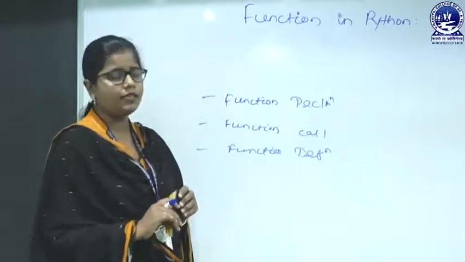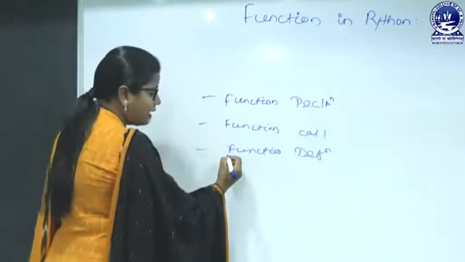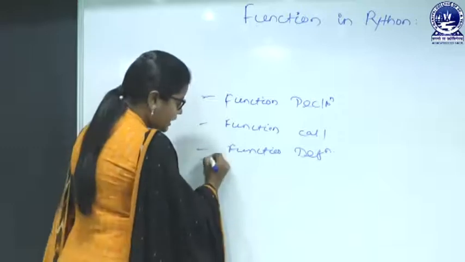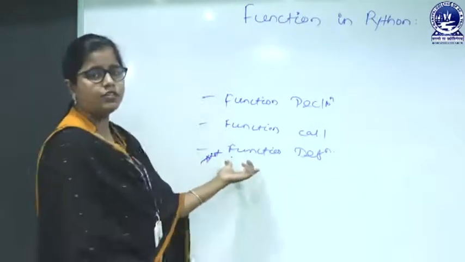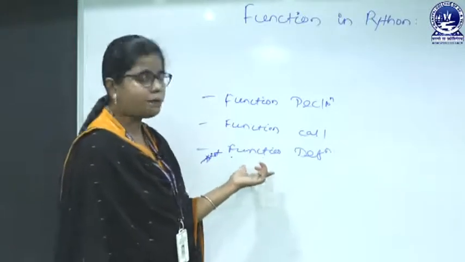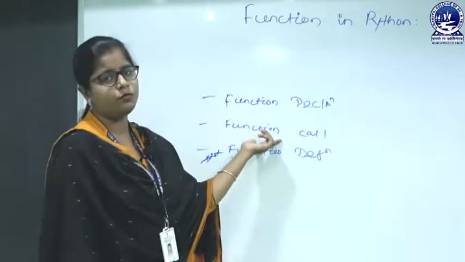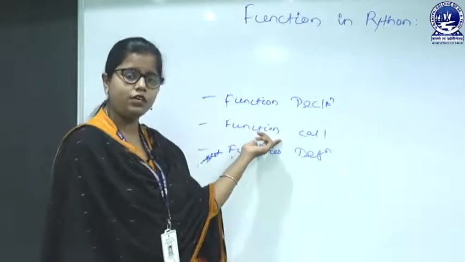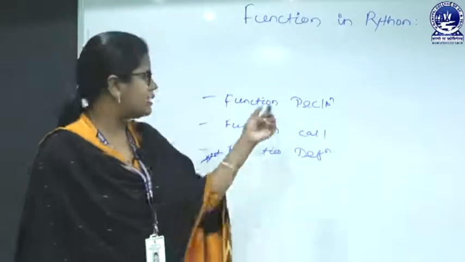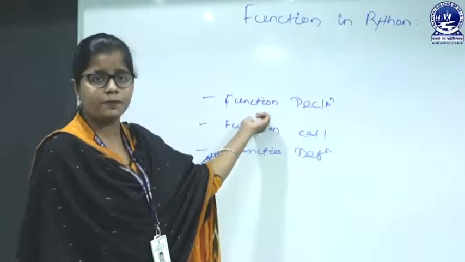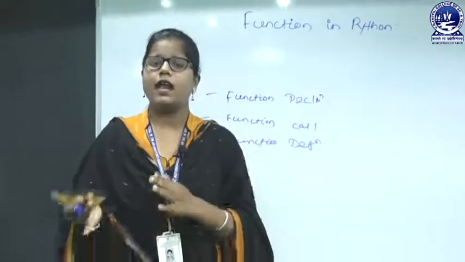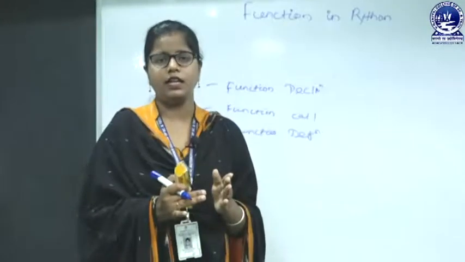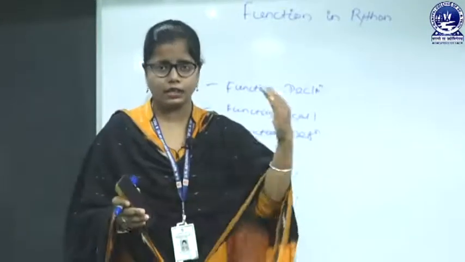But in case of Python, we have to define the function first. This is our first step. The function definition goes first, then after the function definition we go for a function call. We already know that function declaration is optional. If we write the function definition at the end and the function call in the middle, then we have to declare the function at the beginning.